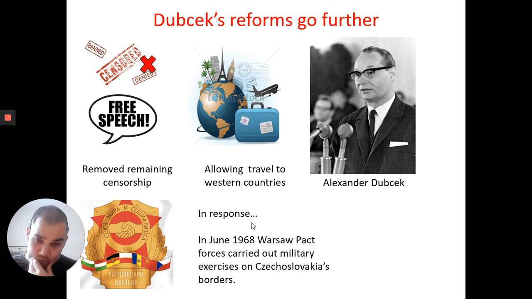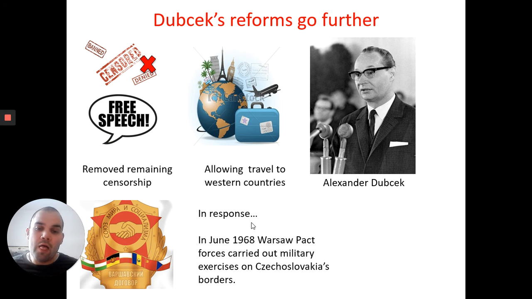Now, what happens then is, in response, 1 month later, the Warsaw Pact militaries carry out military exercises on Czechoslovakia's border. Military exercises were a normal thing for the Warsaw Pact and NATO. The idea is they would carry out these exercises to practice what their armies would do in the event of an invasion, and so on.